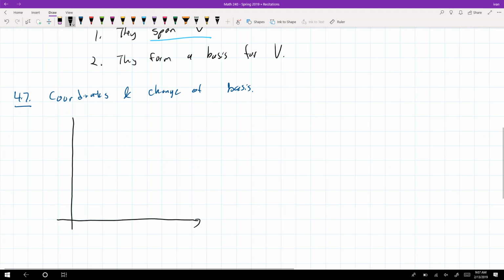So let's say I have these 2 axes, and we're in R2, 2-dimensional space, and we'll define a basis on it, and we'll let that be (1, 0), (0, 1). E is going to be the name of that basis, and that's usually what we name standard bases. So this is the standard basis for R2.